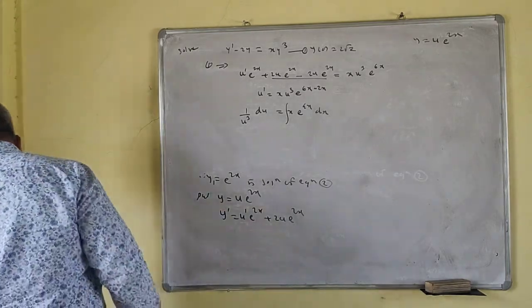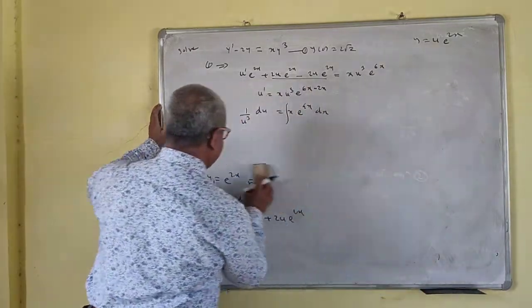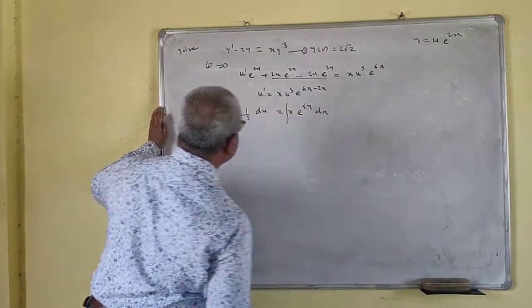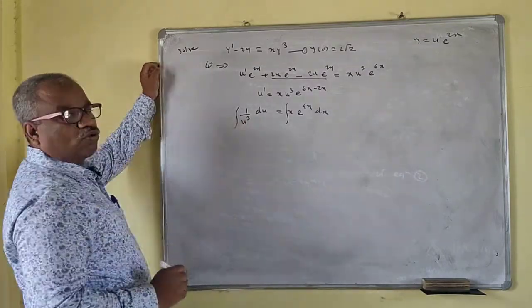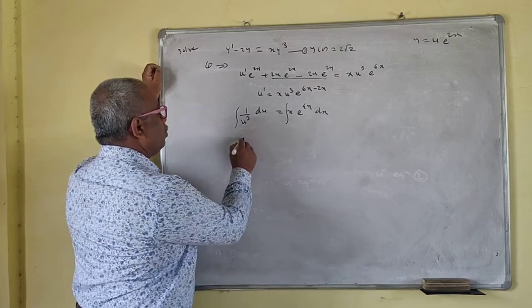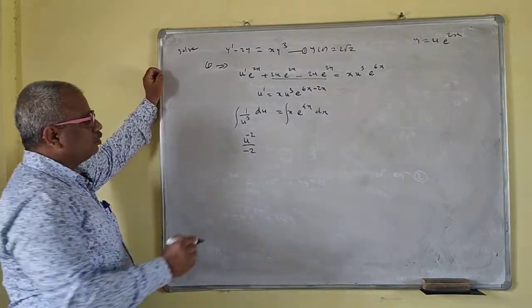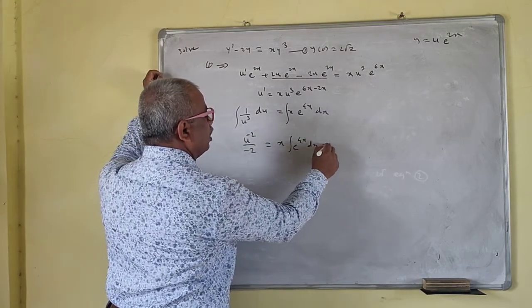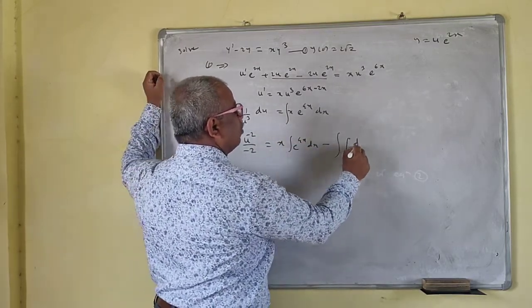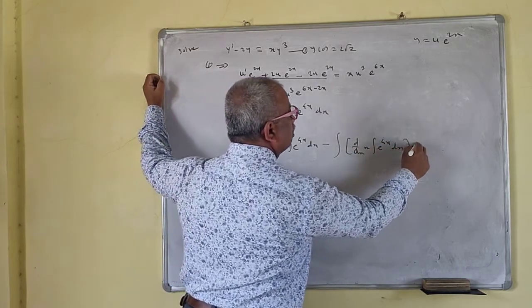Now we have to integrate this. This is u to the power minus 3, so integrate this: u to the power minus 2 upon minus 2. Now here you have to use integration by parts: integration of x e raised to 4x dx is x times the integral of e raised to 4x minus the integral of the derivative of x times that integral.